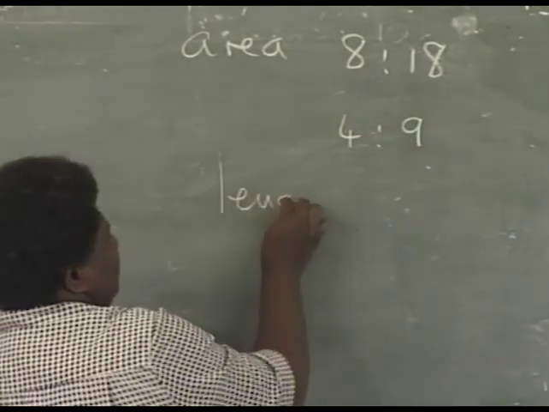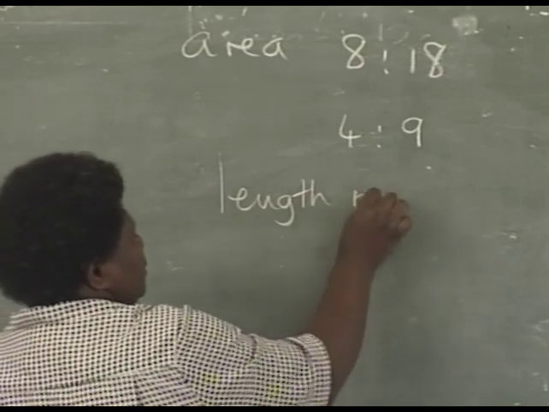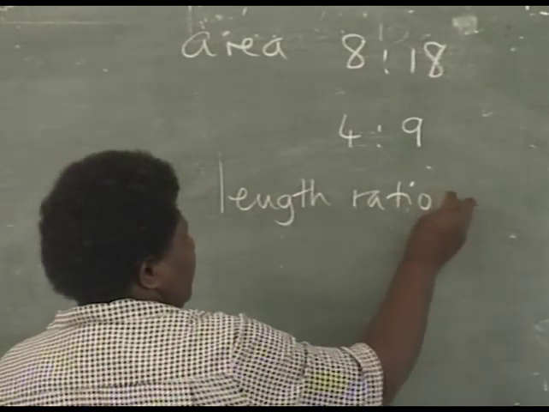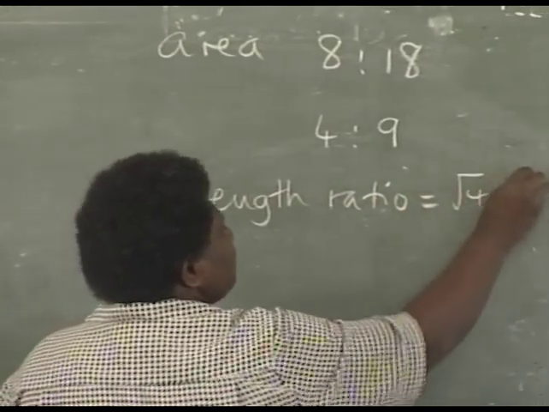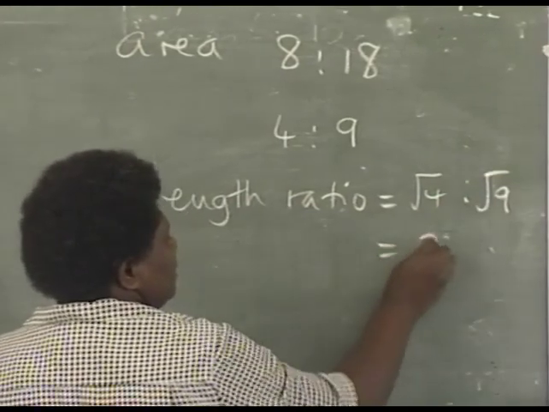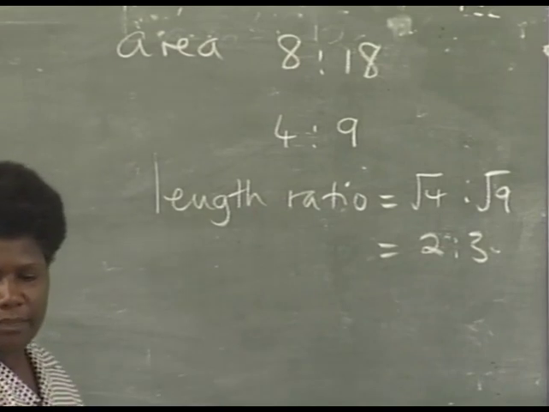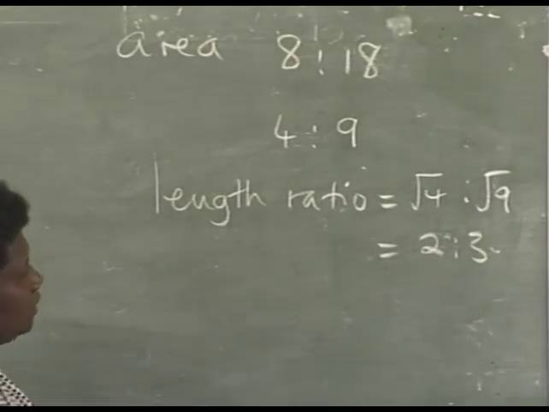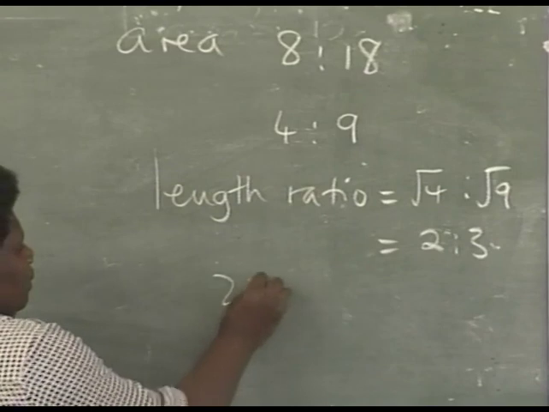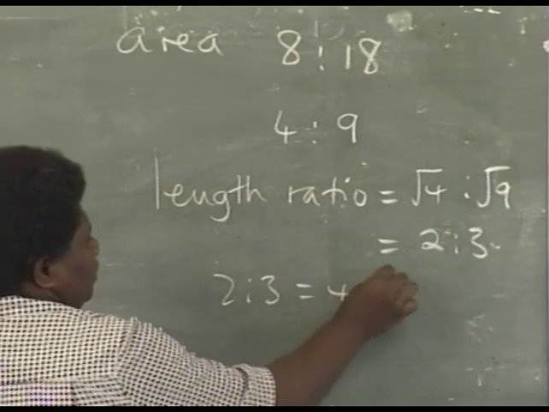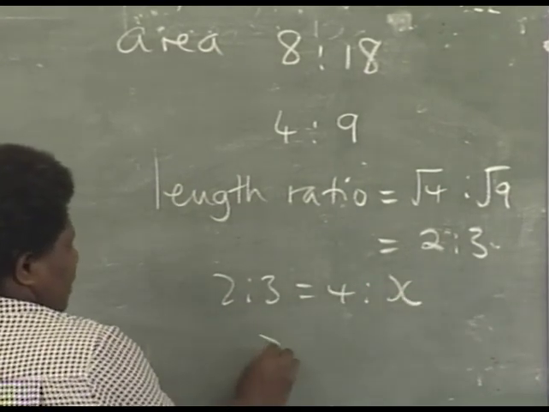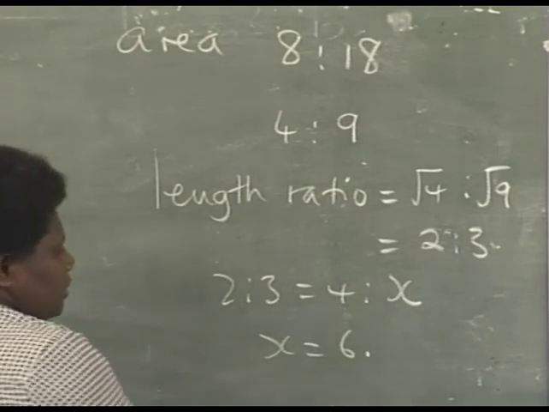So the length ratio is going to be the square root of 4 to the square root of 9, which is 2:3. And that's the ratio you use to find the height, because the height is a length. So 2:3 equals 4:x, and x happens to be 6.